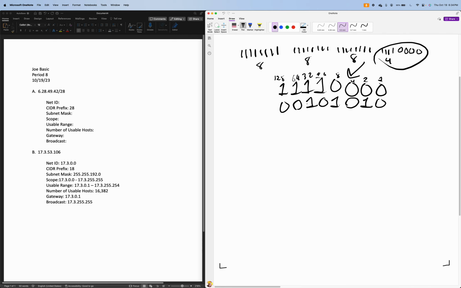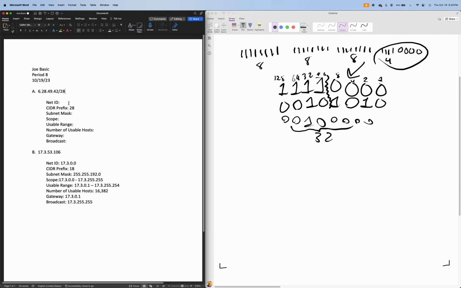Now what you want to do to find the net ID is split the octet where the 1s and the 0s end. And from here, you get this number right here. Ignore all these and pretend they're zeros. So this would be 0, 0, 1, 0, 0, 0, 0, 0, which equates to 32.